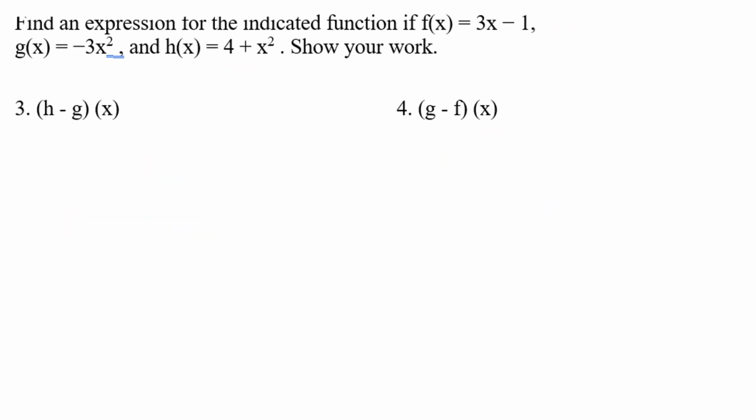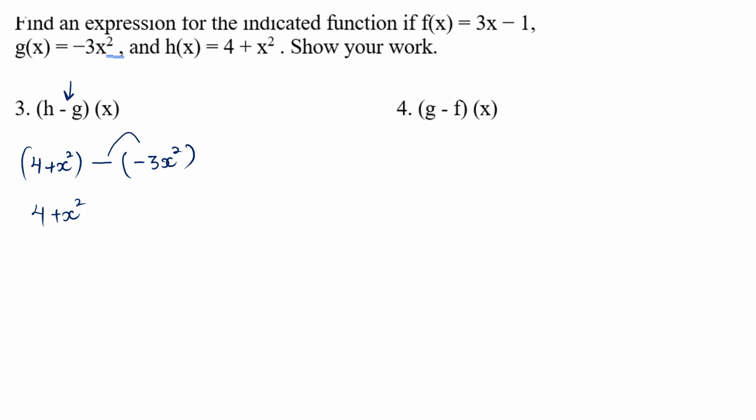Now perform another operation, that is subtraction. h minus g. So h is 4 plus x square. I will write it in the bracket. Then a negative sign because I have to subtract it. And g is negative 3x square. Now open the bracket. 4 plus x square as it is, because before it there is no sign or a positive sign.